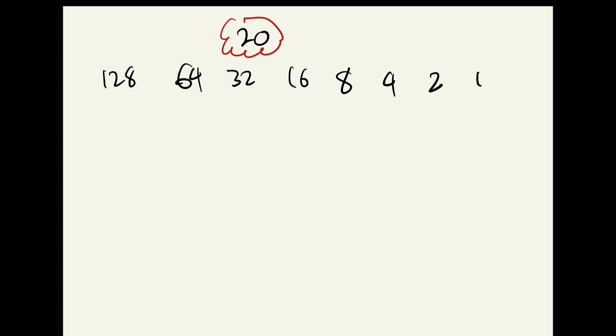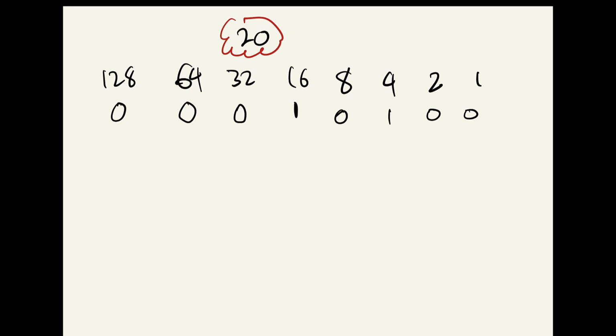I'm going to use method number 2 using the conversion table: 1, 2, 4, 8, 16, 32, 64, and 128. Comparing, 20 is smaller than the numbers at the front, so 128, 64 and 32 are 0, but 16 is within 20, so we put 1 there. 16 plus 8 is over 20, and 16 plus 4 is exactly 20, so we put that value, and the rest will be 0.